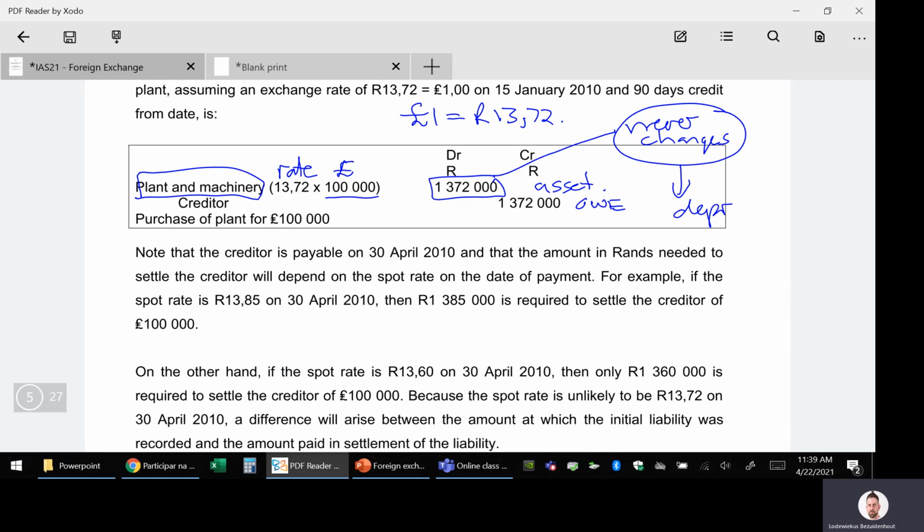So the creditor is payable on the 30th of April. The amount in rands needed to settle the creditor will depend on the spot rate on the date of payment. If the spot rate is 13 Rand 85, then we will need 1,385,000 to settle the creditor on that date.